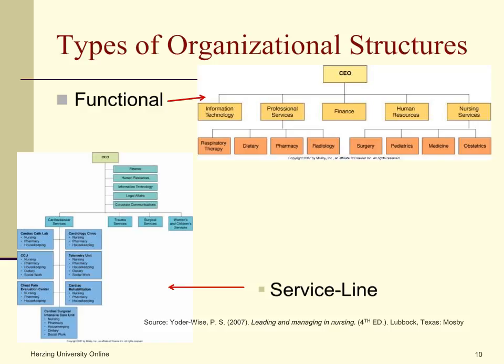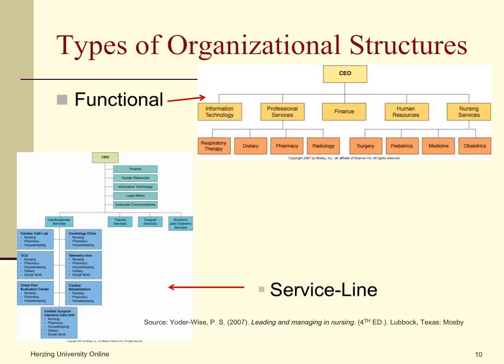Some organizational structures are classified in different types. These types are functional organizational structures, service line structures, matrix structures, and flat structures.